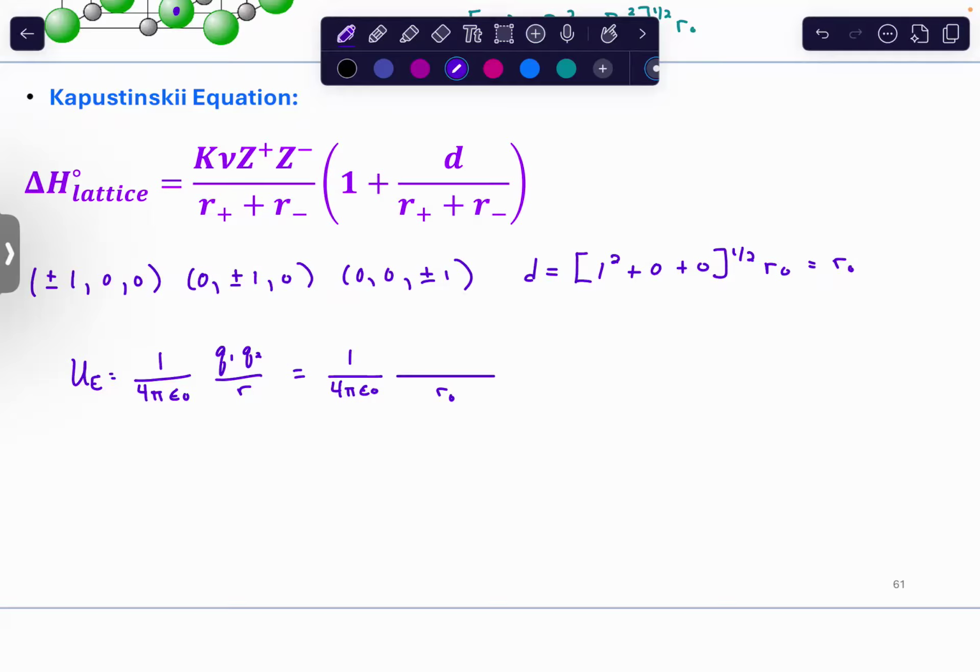The effective charge? No, let's make it a little more simple than that. What we're going to be doing here is we're going to say it's going to be ZE, ZE. Make sense now? Okay, I see it.